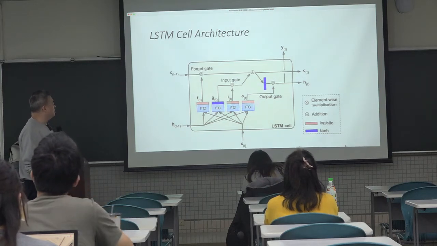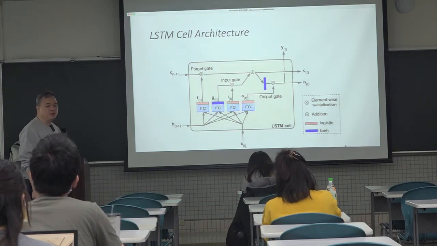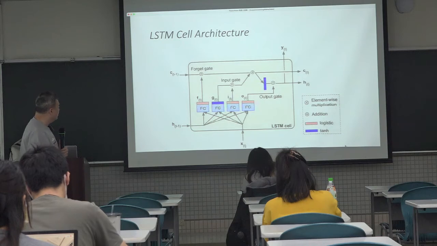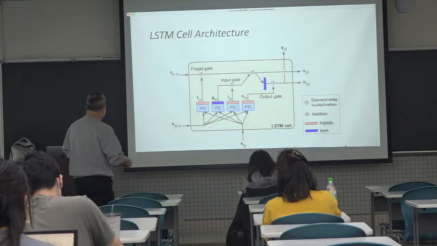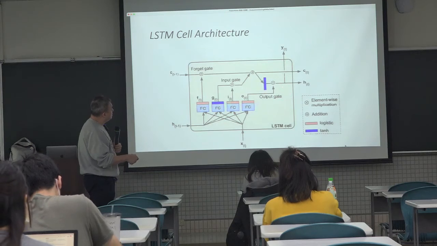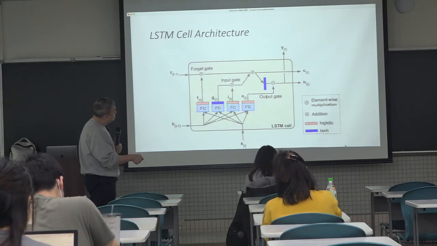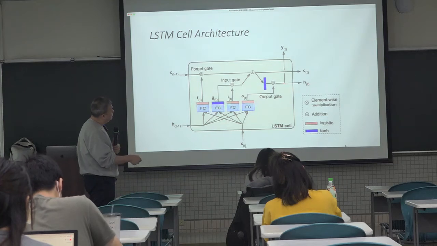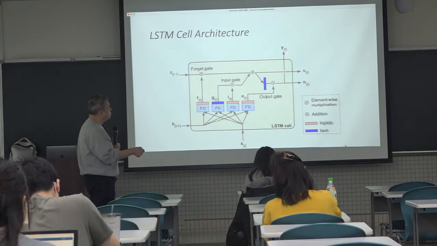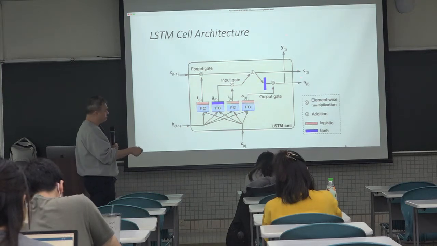H stands for the short-term state, you could say that. And the H will be exactly the same as the output. You can see HT is the same as YT, the same flow is split into HT and YT. So the short-term state is exactly the same as the output.